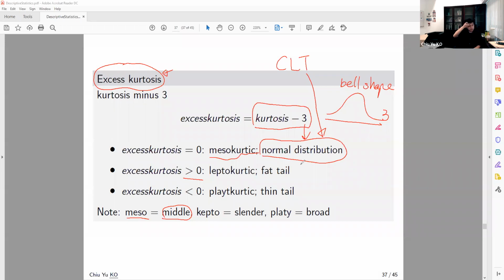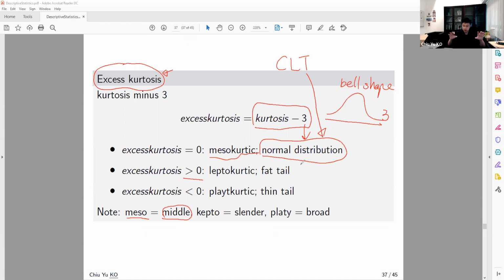And very often we care about fat tail and thin tail because it's related to risk. Some of you are doing accounting or finance, so you know risk is very important. When the tail is fat, you need to be very careful, because that means extreme things can happen.